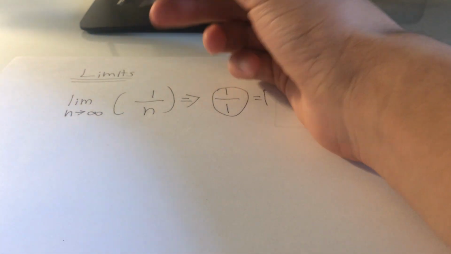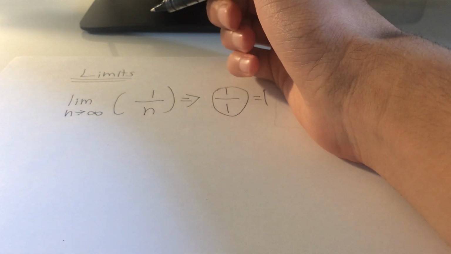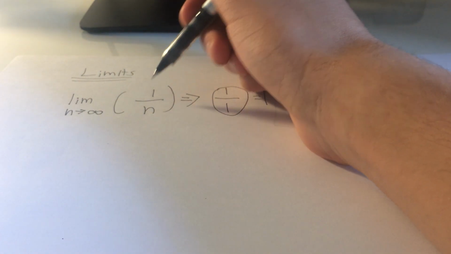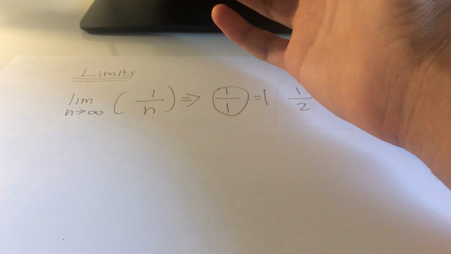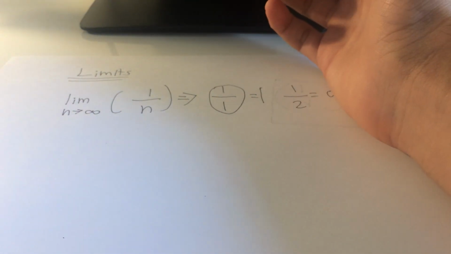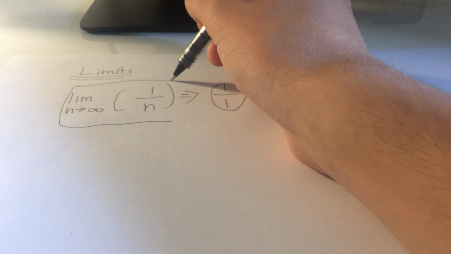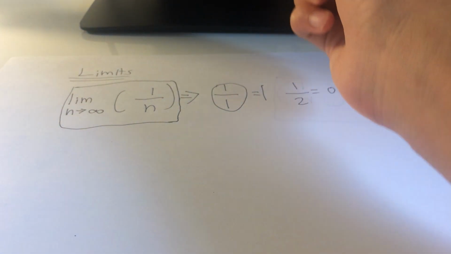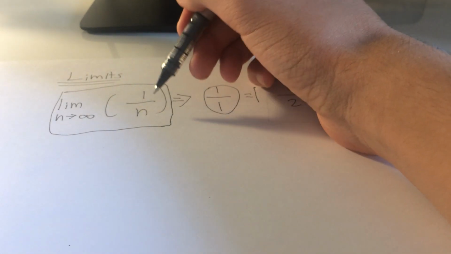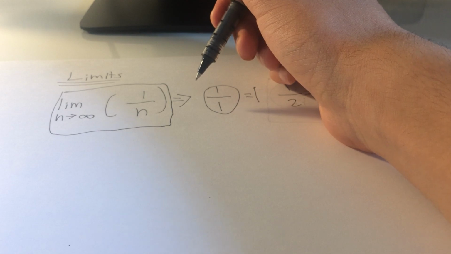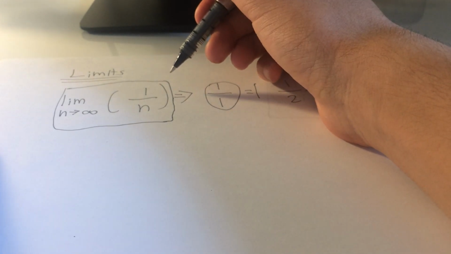Limits are for expressing 1 over a concept, 1 by a number that's either very, very big or very, very small. So this is why we need limits. It always comes from this mathematical notion that you can't divide by infinity and you can't divide by 0. So we just simplify things for us. And in calculus, they're very useful.